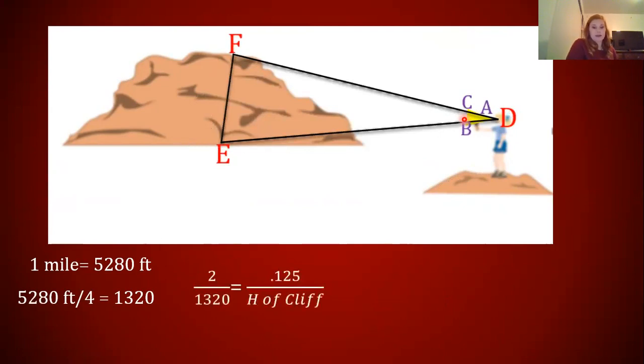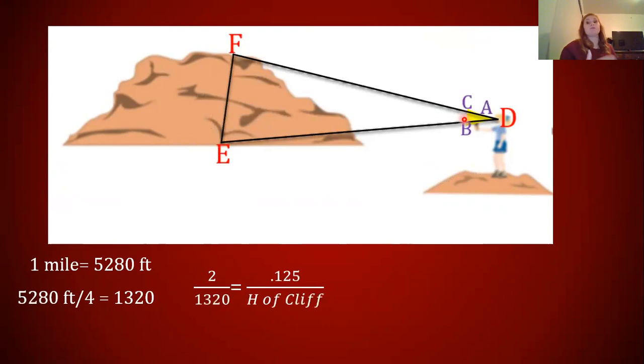Next, we're going to convert to inches. So we have the 2, which is the length of her arm, the space between her eyes and that ruler. And then we're going to put that over 1,320. And we're going to set that equal to the 1.25 over the height of the cliff.